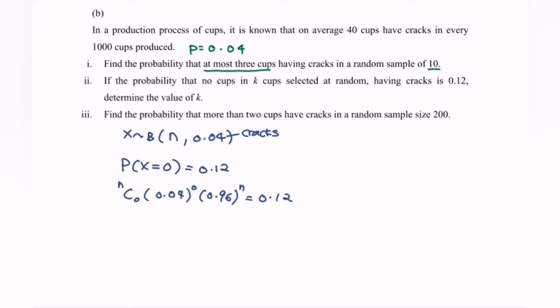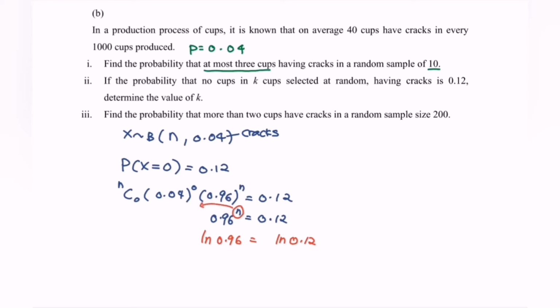Simplify the situation: nC0 is 1. Same goes to 0.04 to the power of 0, we also have 1. So we have 0.96 to the power of n is equal to 0.12. My suggestion is to take ln on both sides. By using the properties of ln, we can bring forward the n.